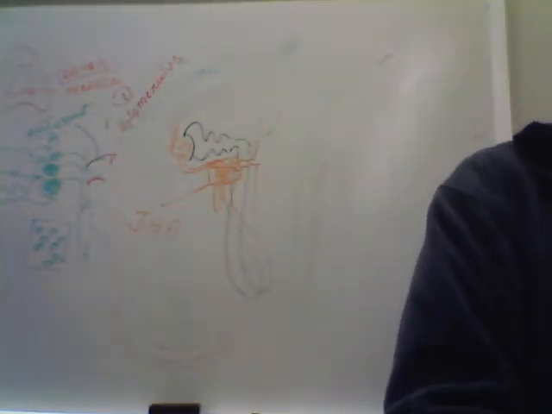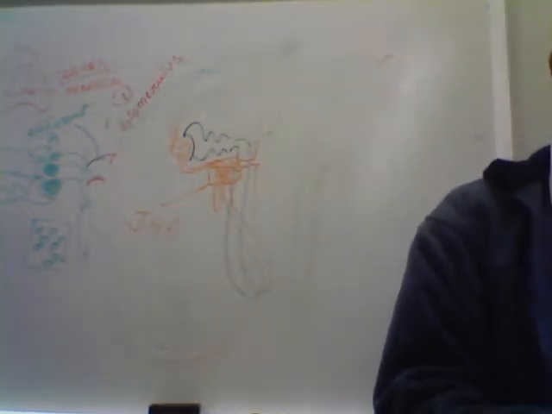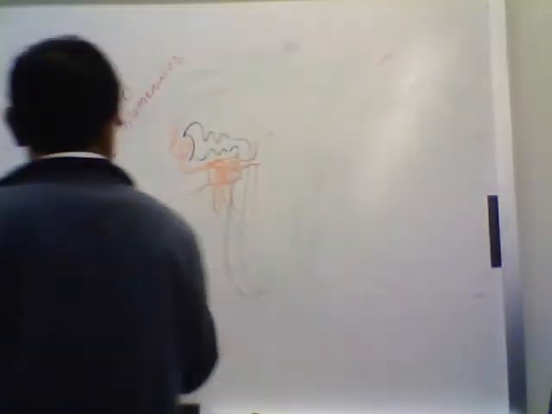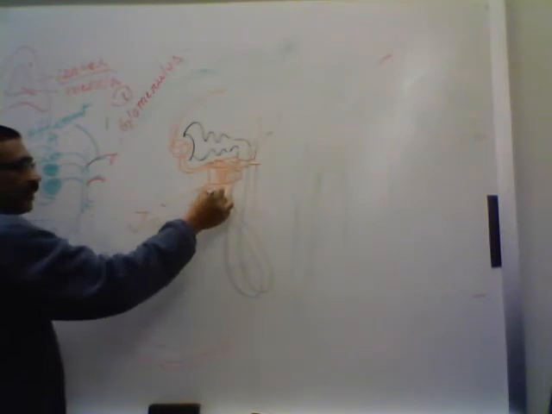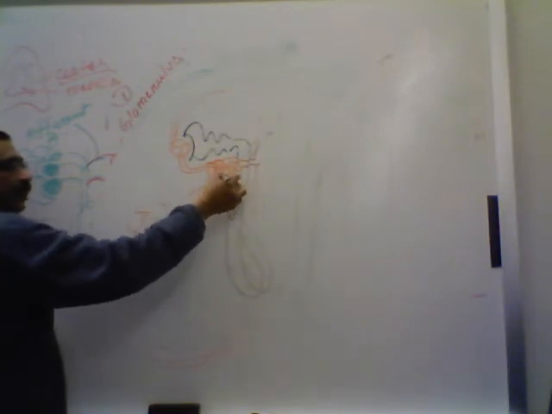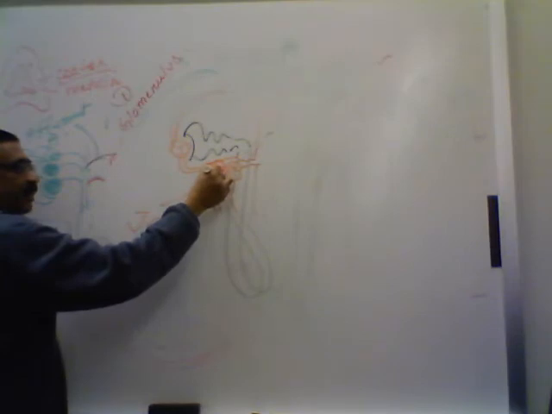Now, why is the juxtaglomerular apparatus important? Why do we need to know that? Because you see here, in the wall of this afferent arteriole, only in this part, the juxtaglomerular apparatus, you have highly specialized cells.